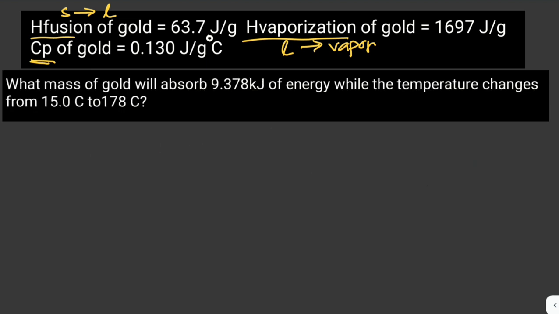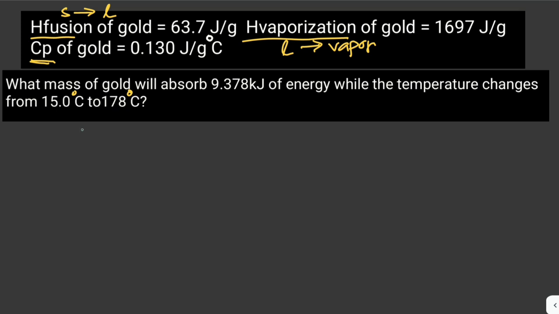All right. What mass of gold will absorb 9.378 kilojoules of energy while the temperature changes from 15 degrees Celsius to 178 degrees Celsius? Since we are given here the amount of energy and the temperature change, we can use the formula for solving the amount of heat gained or lost by a certain sample.